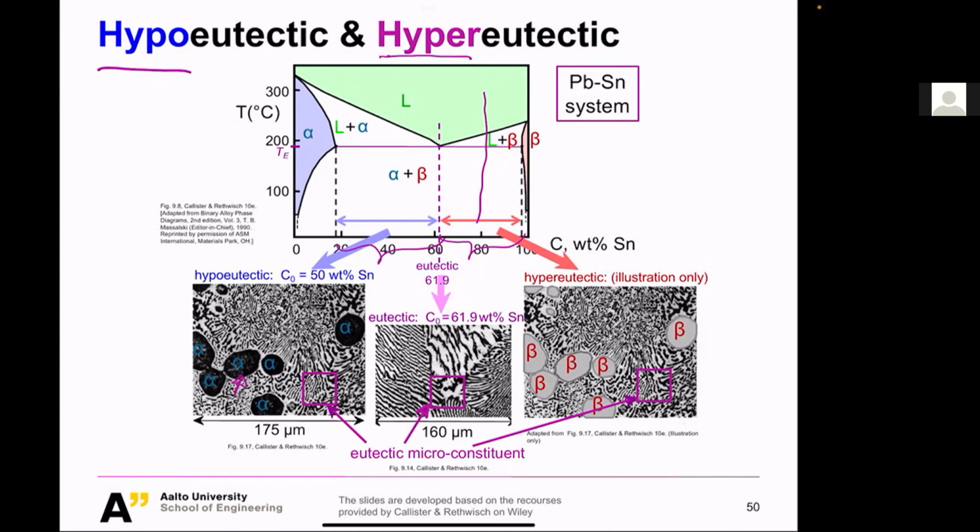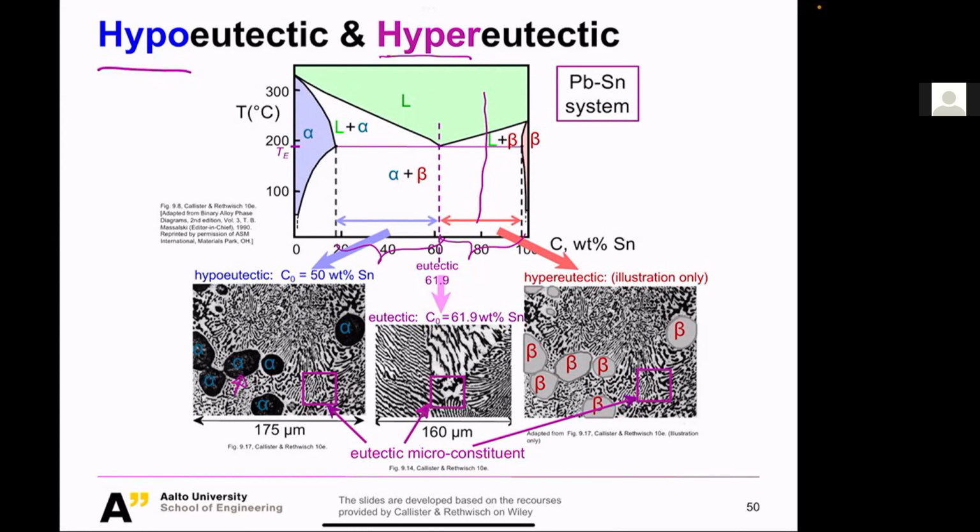So over here in the microstructure, you're having the so-called primary beta phase in your microstructure. Okay, I think everybody is pretty clear with everything here. So you know the eutectic, and now we have something so-called hypoeutectic and hypereutectic.